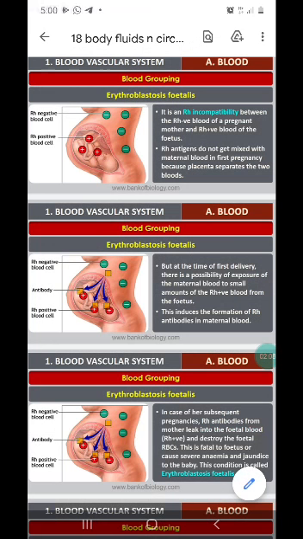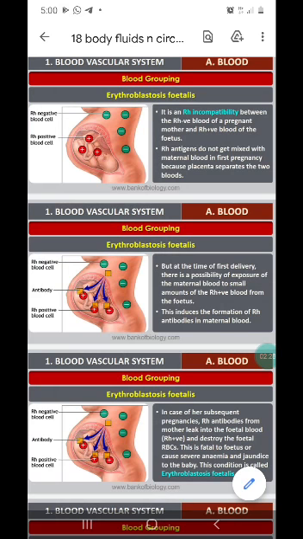This happens when the mother is Rh negative, and the child growing inside the mother's womb is Rh positive.